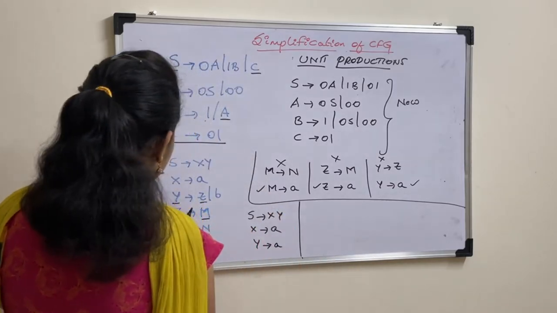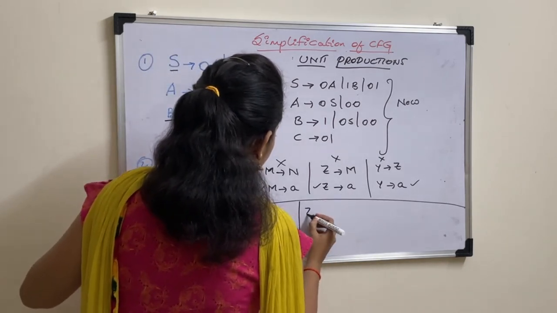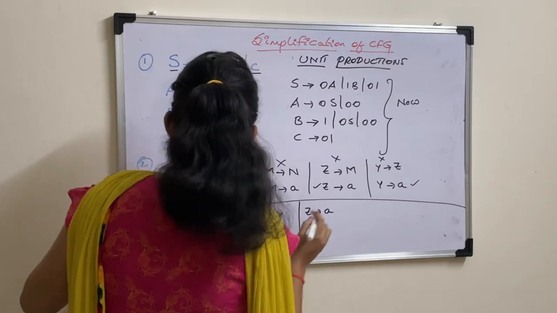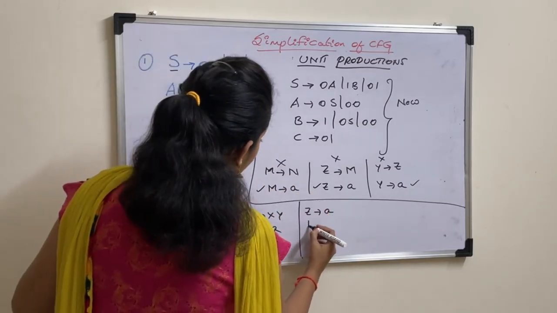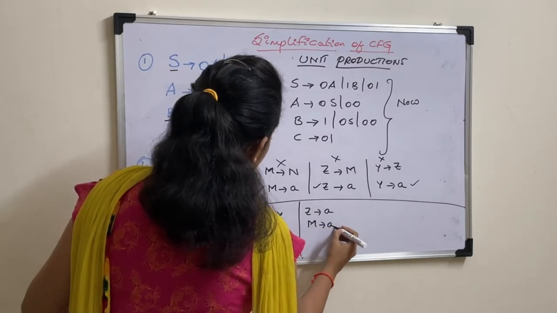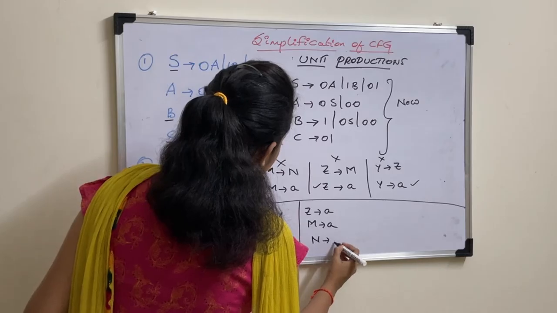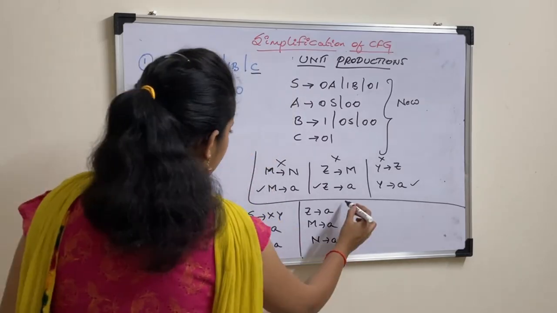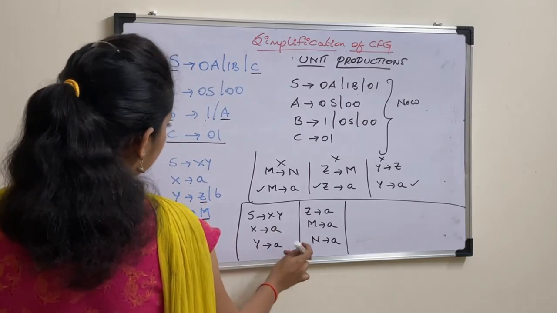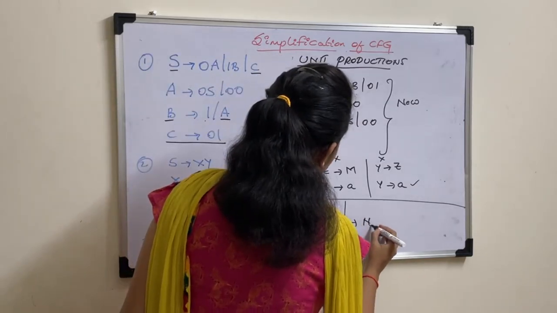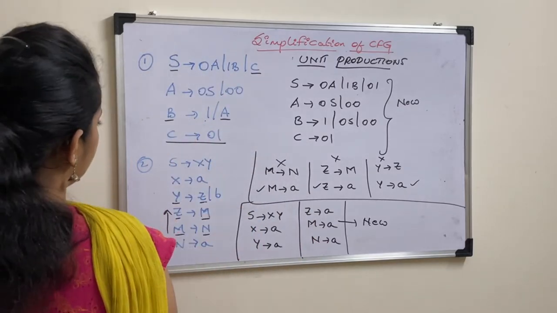Next, Z derives capital M. That should be written as Z derives small a. M derives N. It should be written as M derives a. Next, N derives small a. These are our final productions, or the new grammar for this grammar.